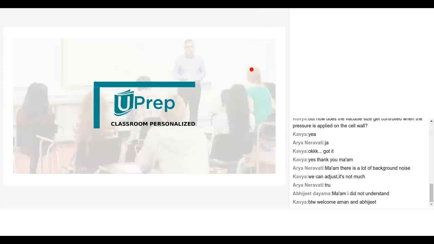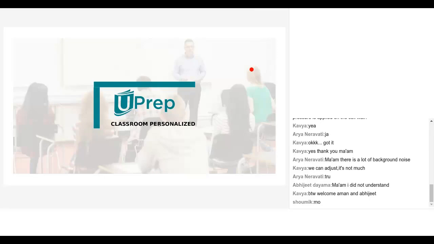Abhijit, you still didn't get it? No, actually, I'm a new student. I did not understand. Okay. So Abhijit, here we discussed the plant cell structure. We started it in the last session. Please mute yourself, Abhijit.